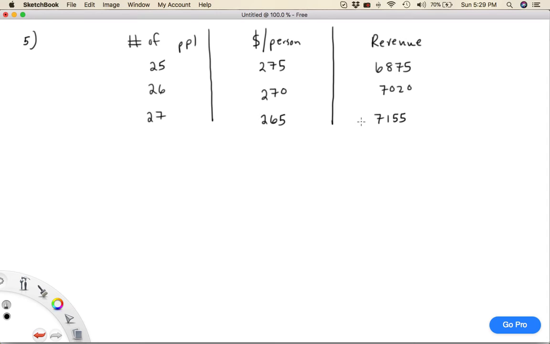Okay, so part B says find the revenue function. Use X for the number of people above 25. Okay, so the revenue is basically the number of people multiplied by the dollars per person. It's the multiplication of the first two columns.